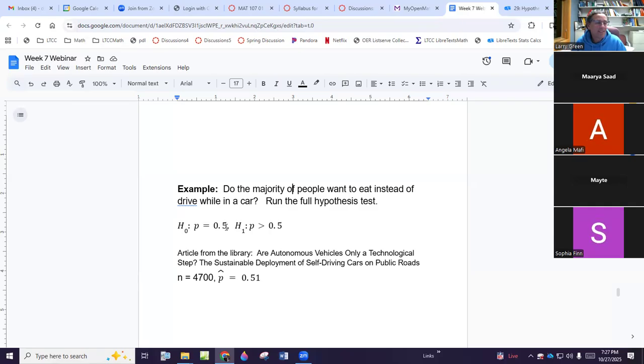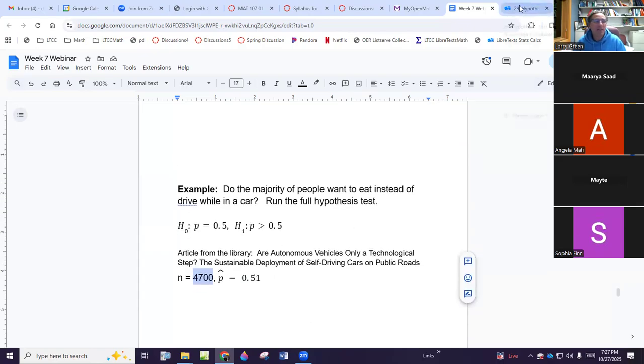Okay. So here, majority is p = 0.5, p is greater than 0.5. Okay. And p-hat was 0.51. Okay. p-hat was the sample proportion. n was 4,700.